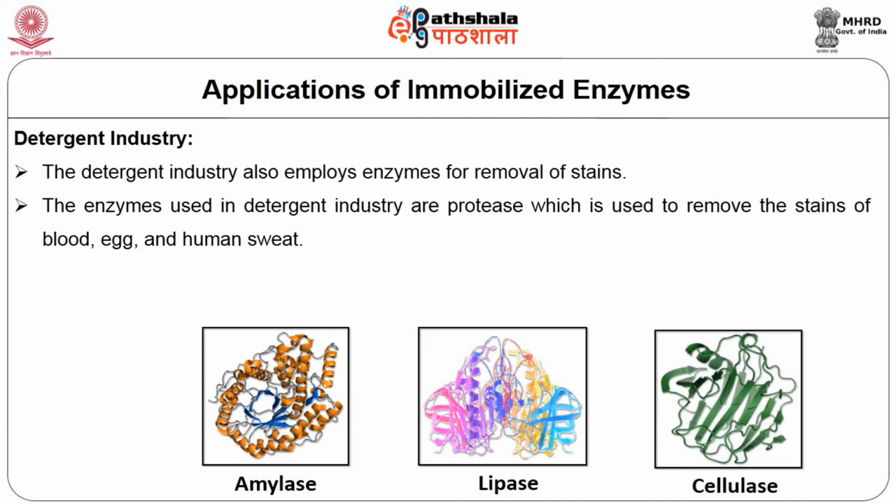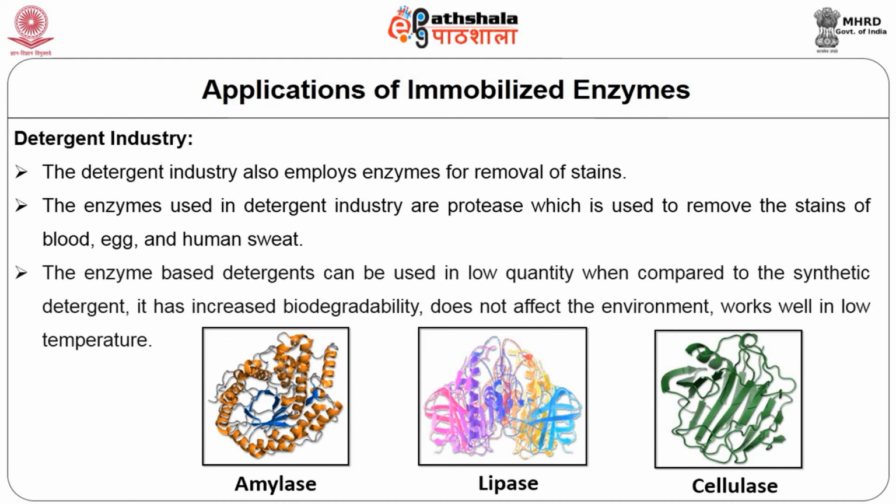Cellulase is used for cotton-based fabrics in order to improve softening, color brightening and to remove oil stains. The enzyme-based detergents can be used in low quantity when compared to synthetic detergents. They have increased biodegradability, do not affect the environment, and work well at low temperature.